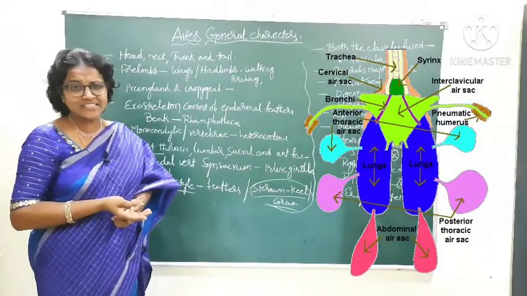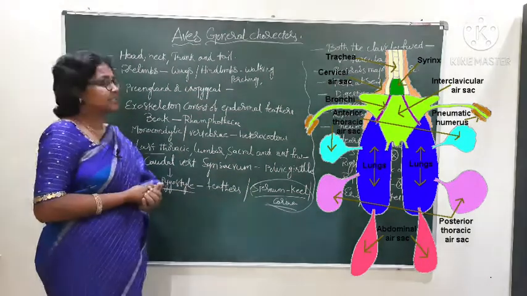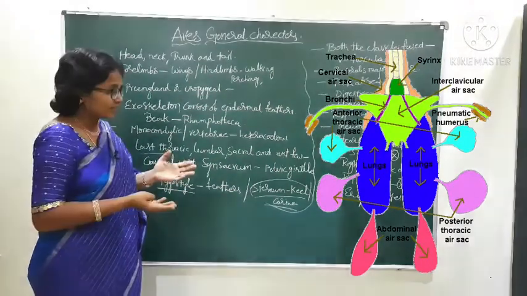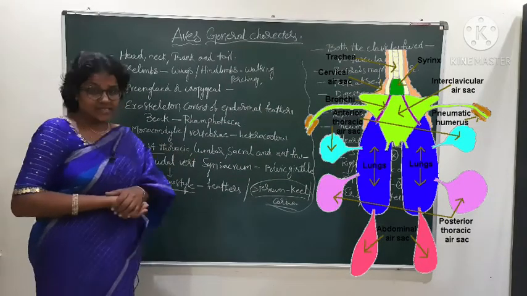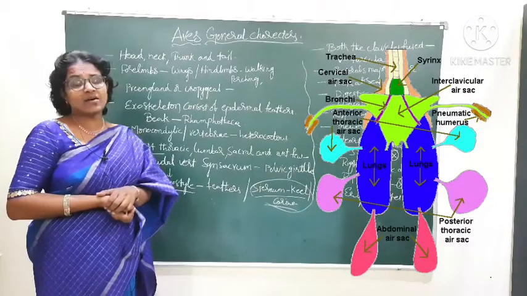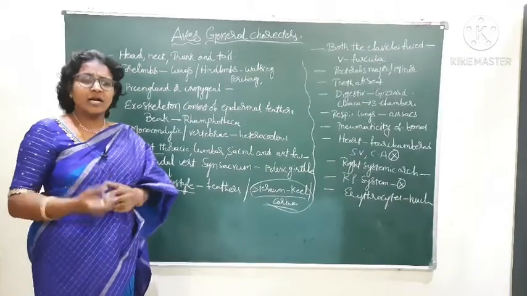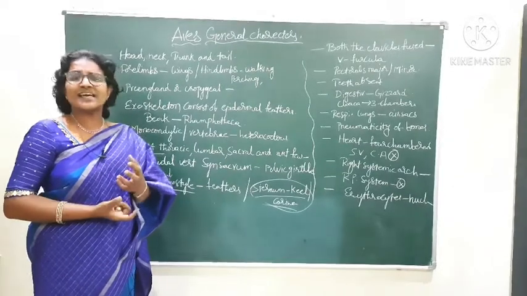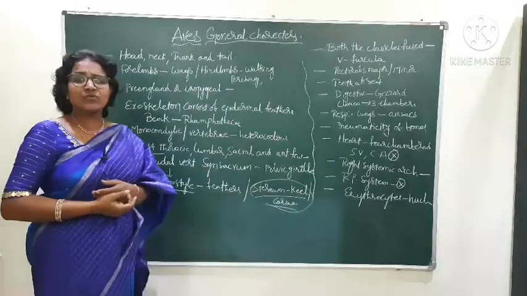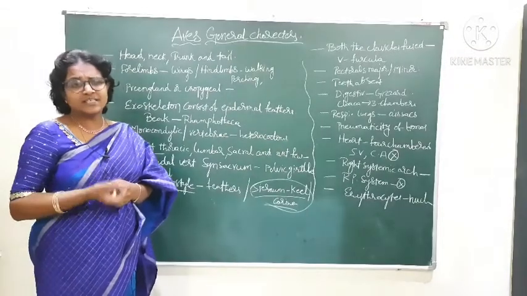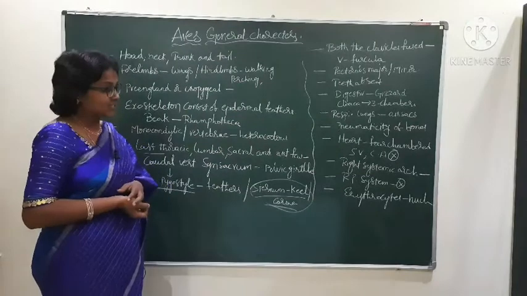That's also a very important point. And other points: the ovaries and testes are paired, even though there is a right side testis, and the ovaries are absent, disappeared. That's also one type of flight adaptation.